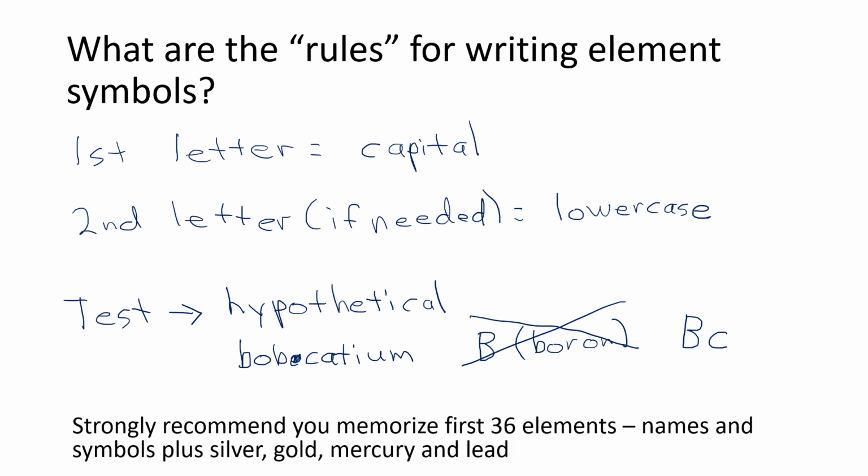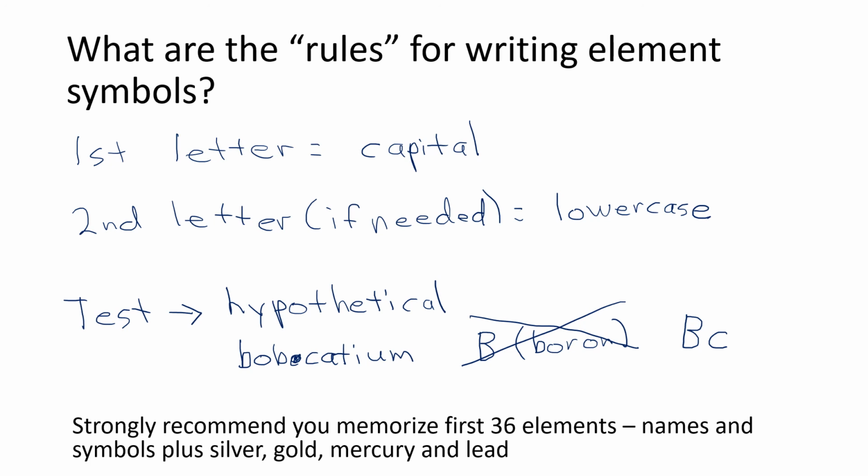Also, I would strongly recommend that you memorize those first 36 elements, their names and their symbols, plus a couple other ones that we commonly use, like silver, gold, mercury, and lead, just because you're going to see these all the time, and having that fluency with the element names and symbols makes your life a whole lot easier.